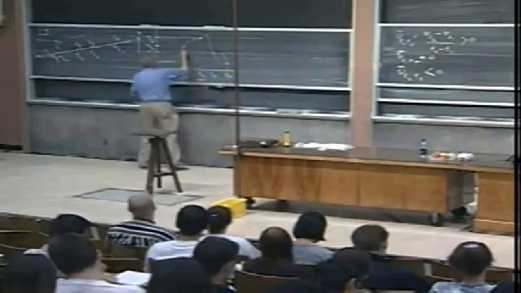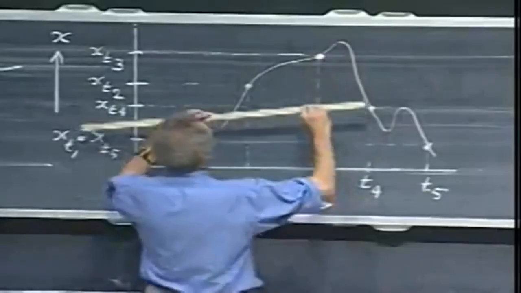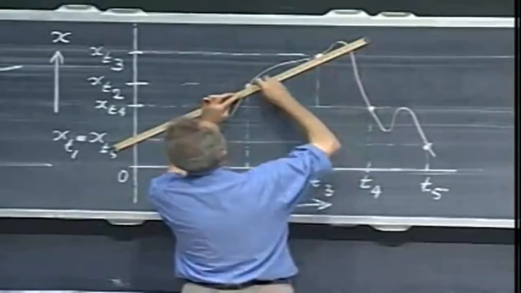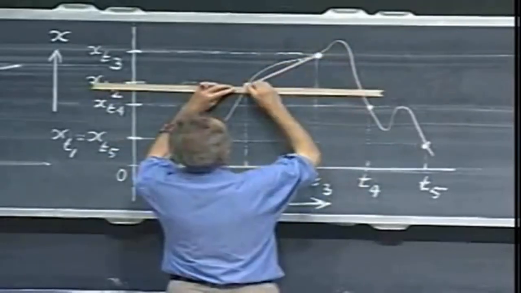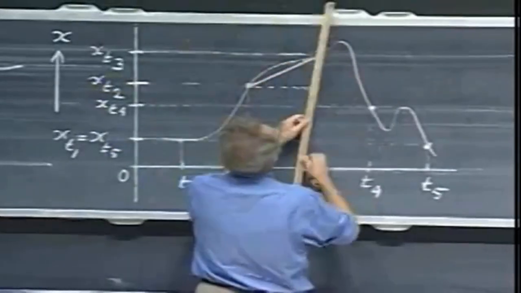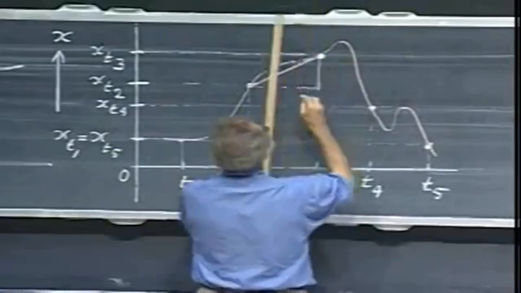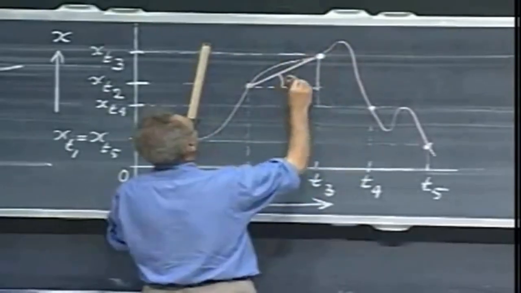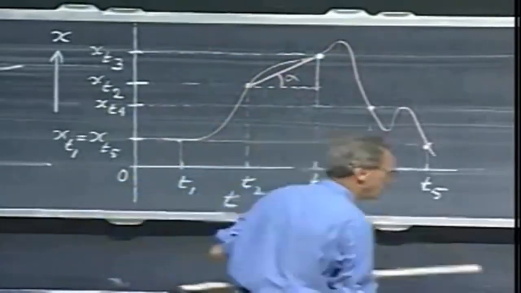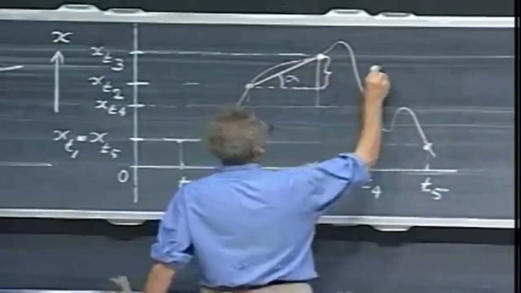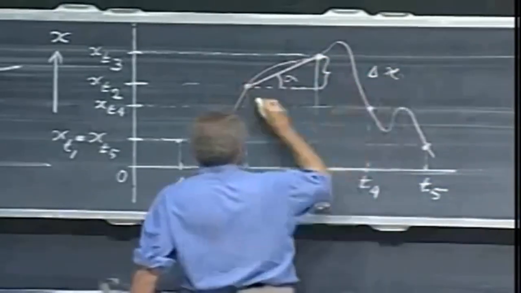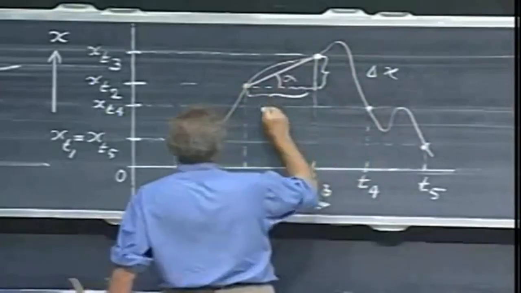Say I choose my time t2 and t3. I draw here now this line. And this angle I call alpha. And this part here I call delta x. And this here is delta t.